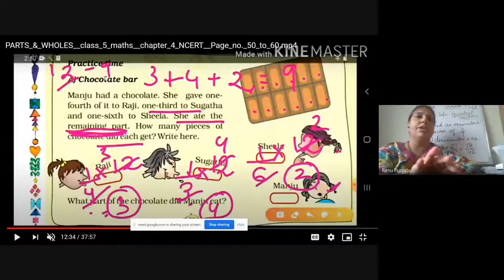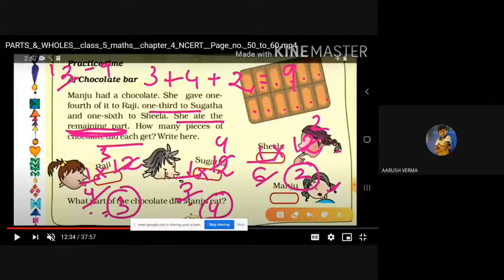See, 3 parts of Raji, 4 parts of Sugandha and 2 parts of Sheila: a total of 9 parts distributed out of the 12. If she distributed 9 out of 12, how many parts are remaining? 3. Yes, 3 parts are remaining. So she ate 3 parts.